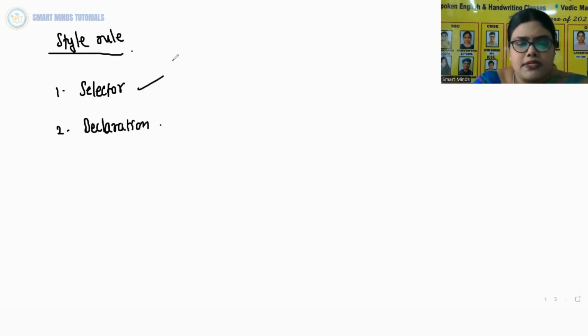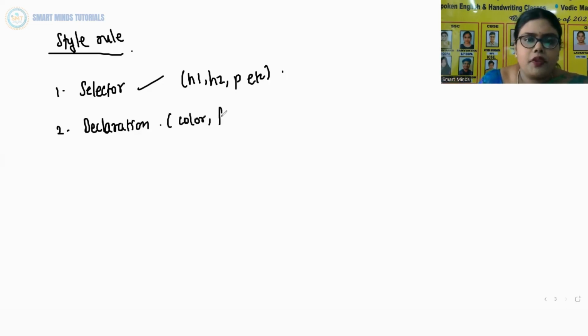It represents the elements to which the rule applies. For example, H1, H2, P, etc. And declaration represents the properties of an element. For example, color, font style. So this is about style rule.